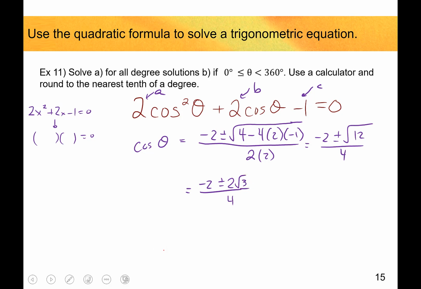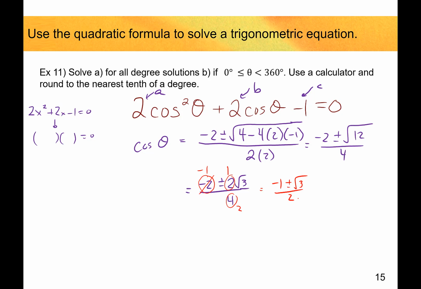And then remember what we said over here, we can divide each of these by 2. So divide this by 2, divide that by 2, divide that by 2, gives us an answer of negative 1 plus or minus the square root of 3 all over 2. So remember, there's two answers here, right?